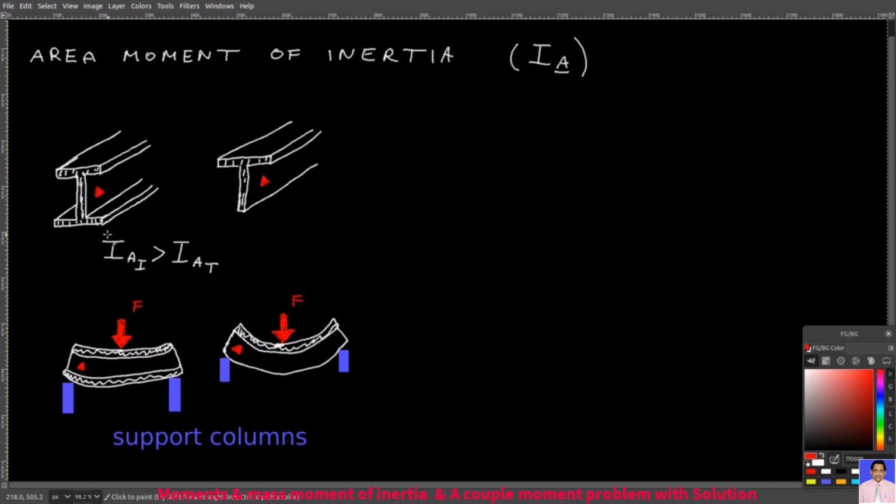And that's because the I-beam has greater area moment of inertia for its cross-section compared to the T-beam. And the area moment of inertia is resistance to bending. Since the I-beam has more area moment of inertia for its cross-section, it has more resistance to bending, so it bends less.